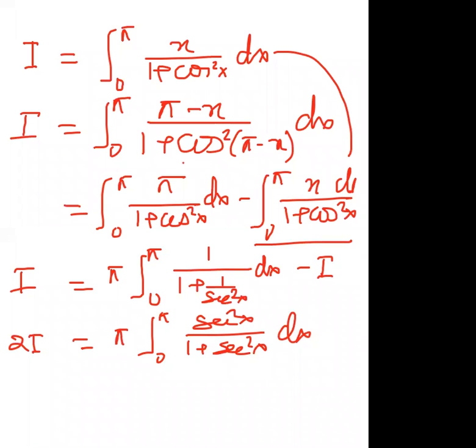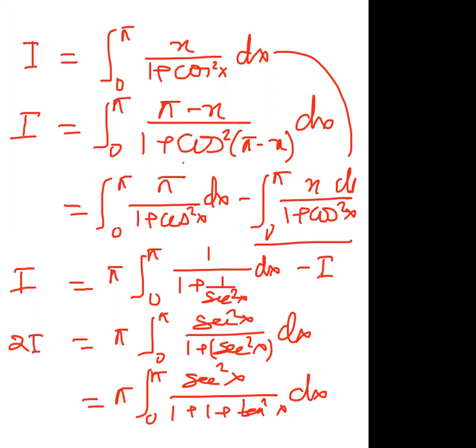Now sec square x can be written as 1 plus tan square x. So pi times the integral of sec square x upon 1 plus tan square x dx. Now we need to suppose tan x as t. Sec square x dx will be dt.